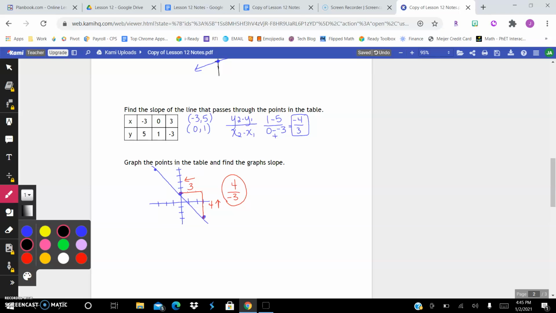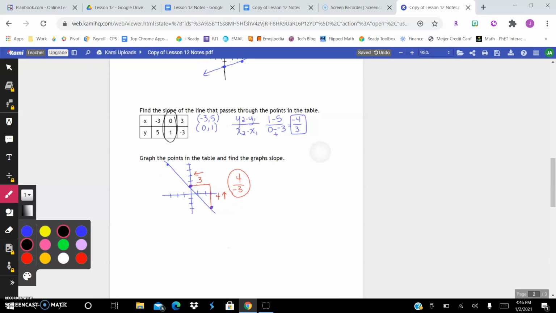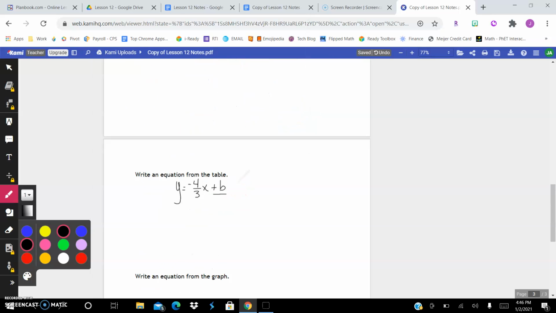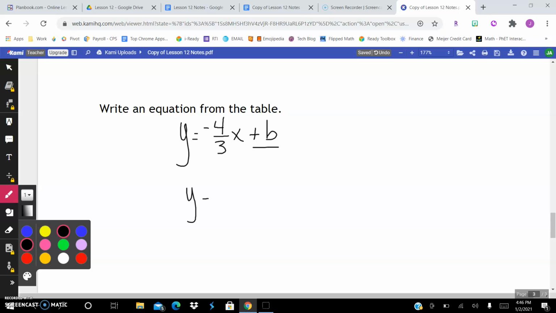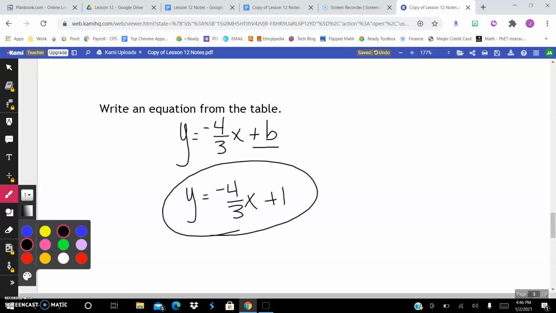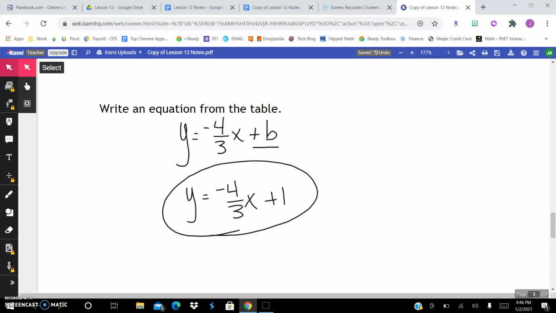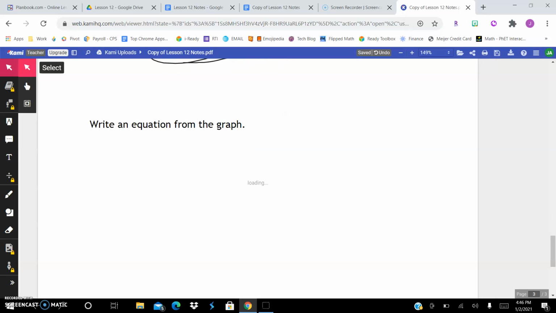And at that point, the x is 0. So that value here is given to us in the table. It's at positive 1. So we can write y equals negative 4/3 x plus 1.